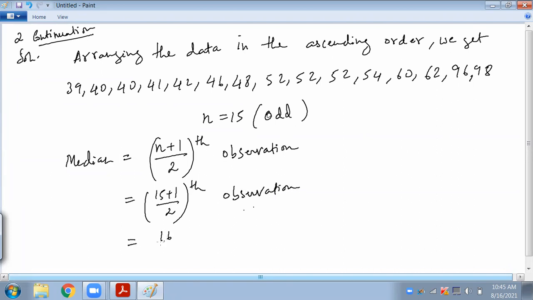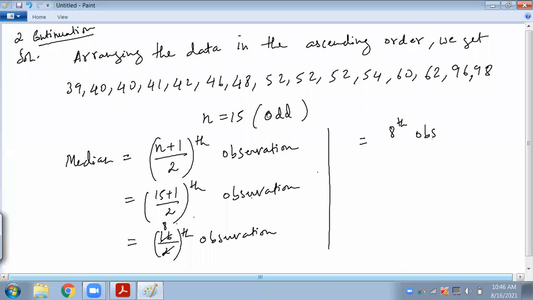Now 15 plus 1 is what? 16 by 2 observation. So it will be equal to what? 2 and 16, you can cut it, it will become 8. So it is 8th observation.